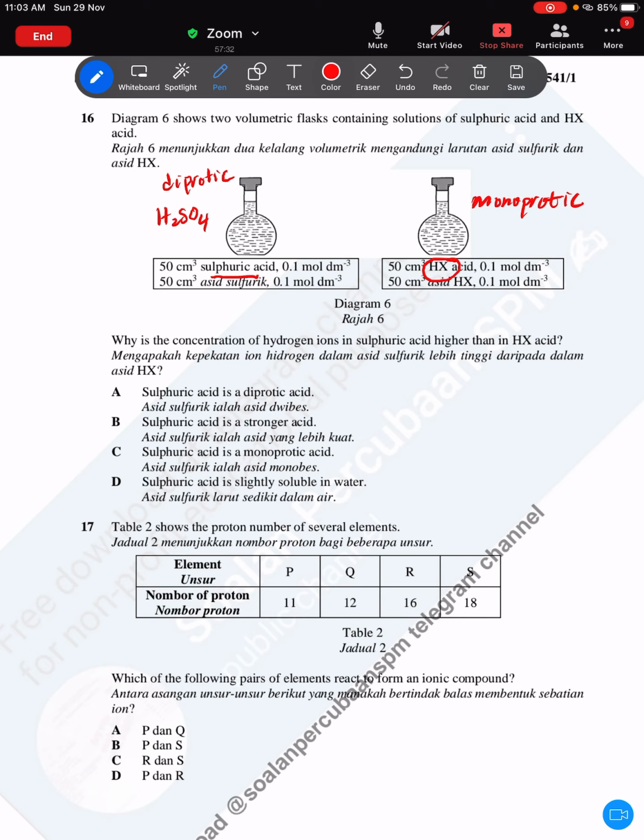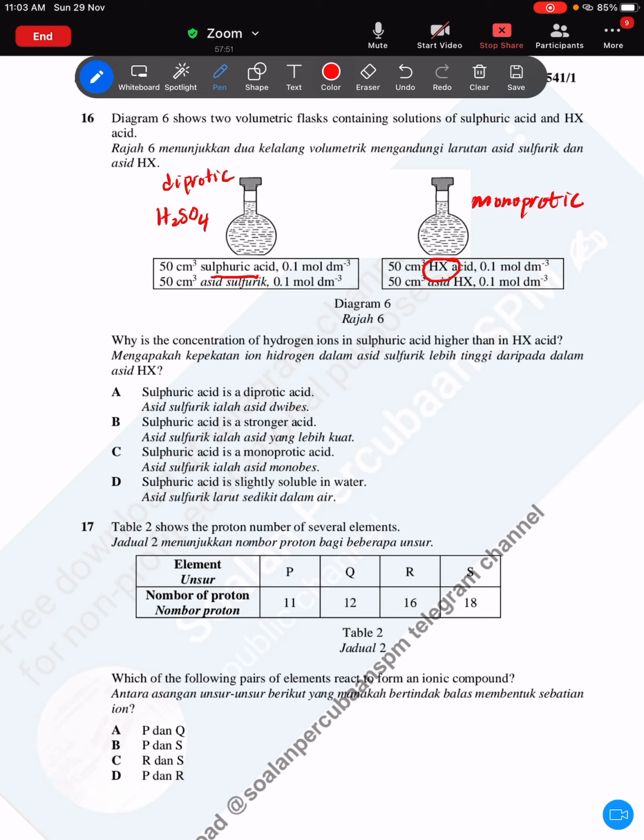Based on that information, it becomes much easier for me to answer the question. Make a habit. Don't be too excited answering the question, or you will waste more time. It's a piece of advice.